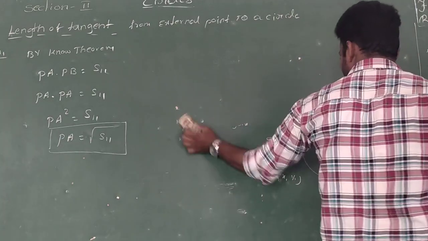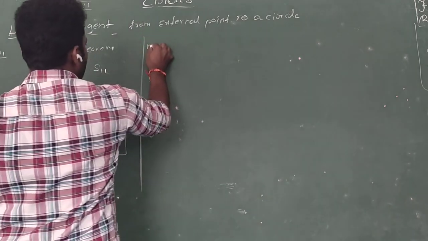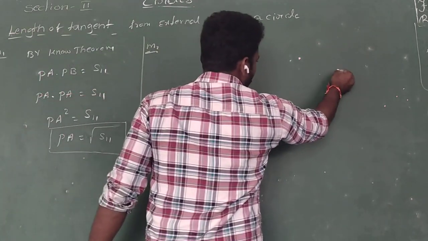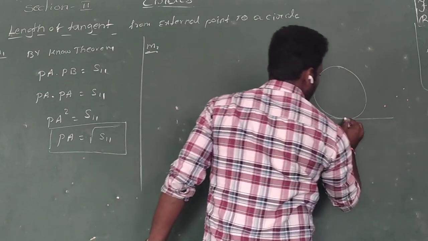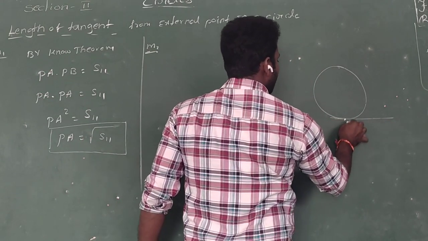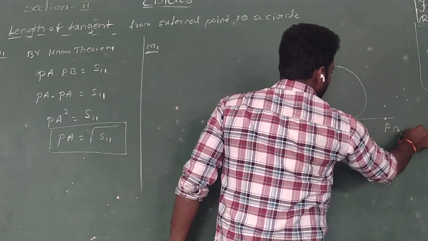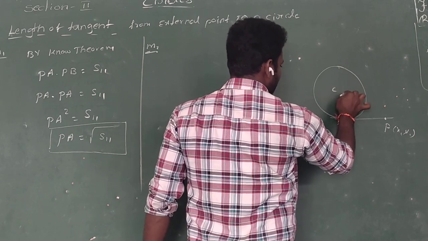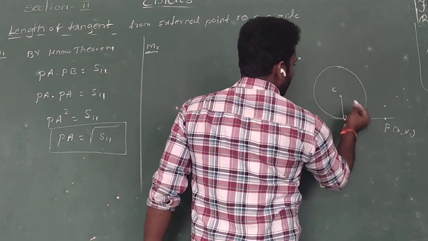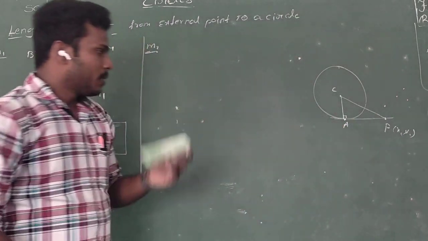Method 2. Here the tangent is at the point A, which is the point of contact, the required point P is (x1, y1), and the center C is joined to A perpendicularly.